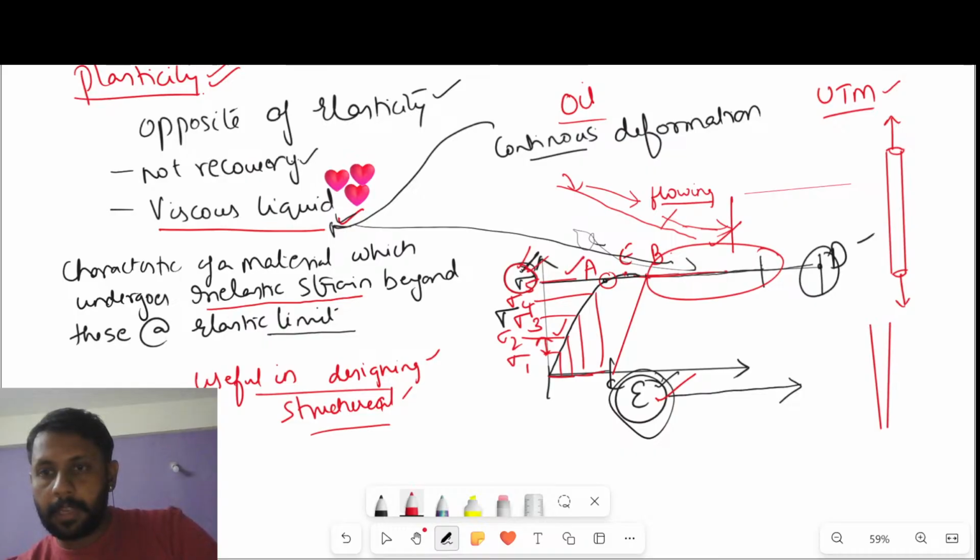It will take a shape like this. Yes or no? Yes, sir. So what is happening? Here the diameter is different. Here the diameter is different. That means it will undergo a failure called cup cone failure.